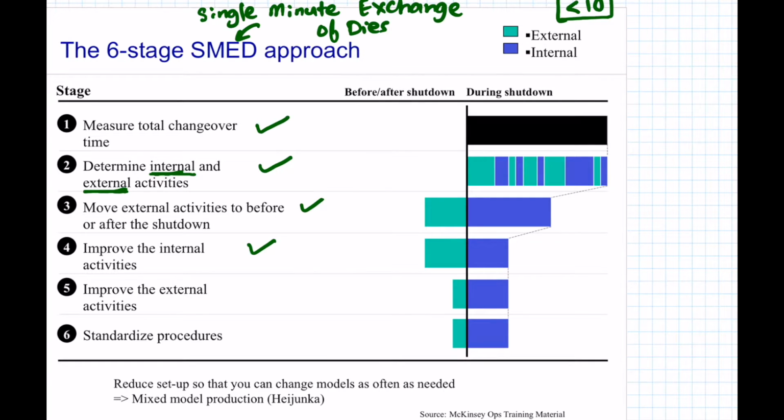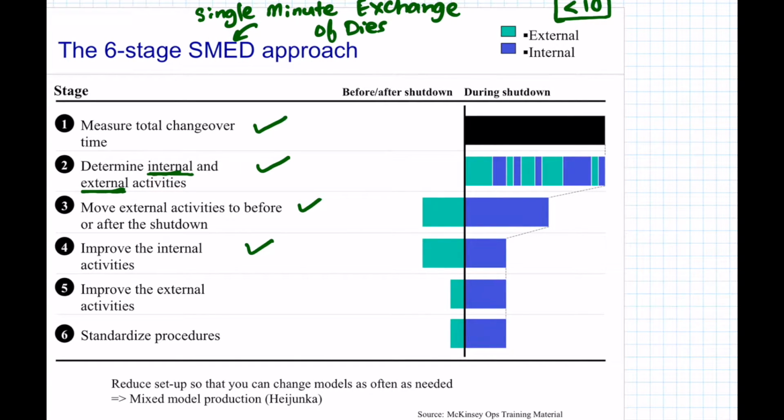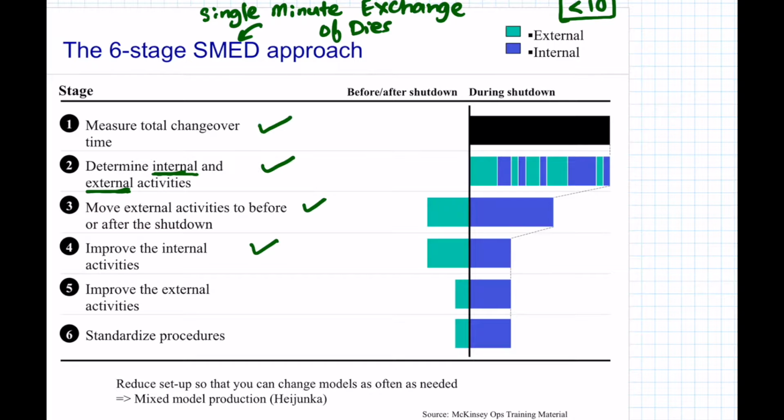Stage 4 involves improving the internal activities. So, improvement means if it can be done in less time, that is always helpful. And once that is achieved, then we move on to improving the external activities. And this involves finding ways to reduce this time to a smaller time.